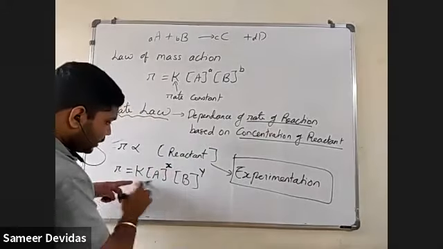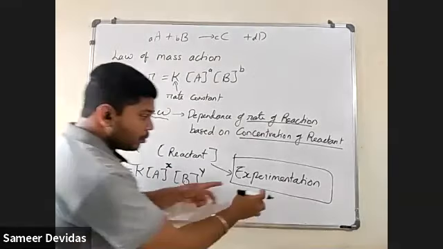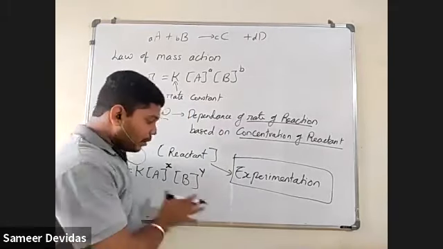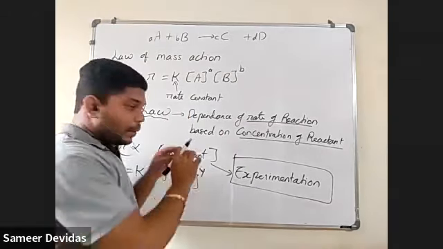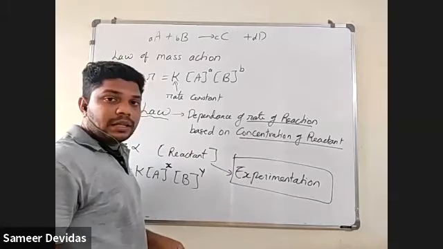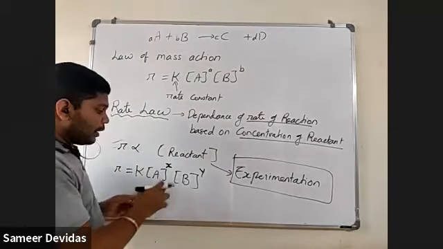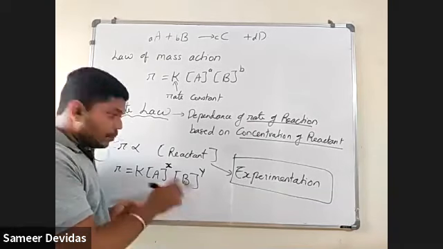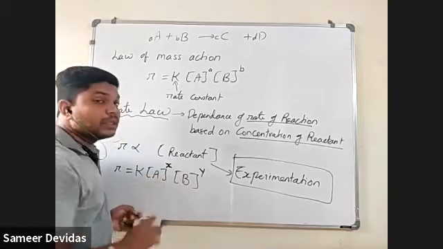So this expression we can write only by doing what? Experiment. We cannot write this expression otherwise. Suppose a particular chemical reaction is given and they tell you to write down the rate law like this. It looks easy, you will write it down like that. But what will you write in the X and Y positions?